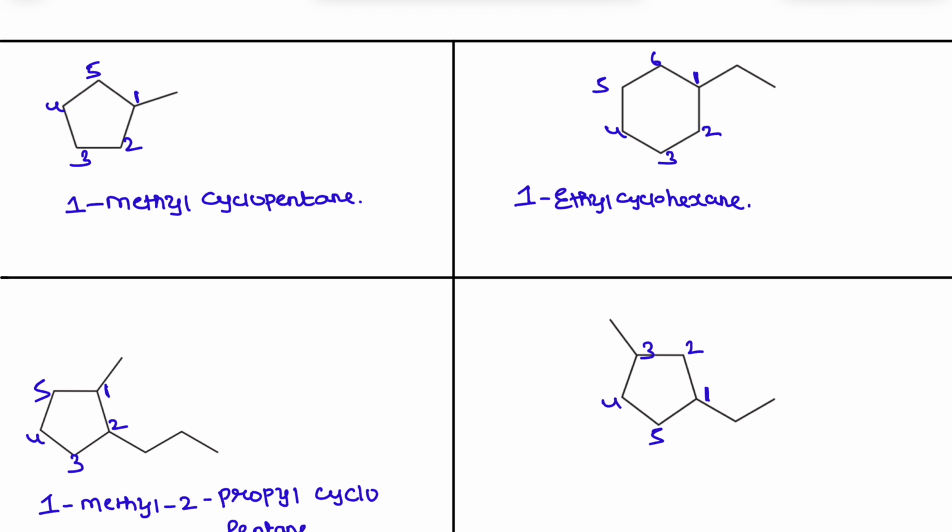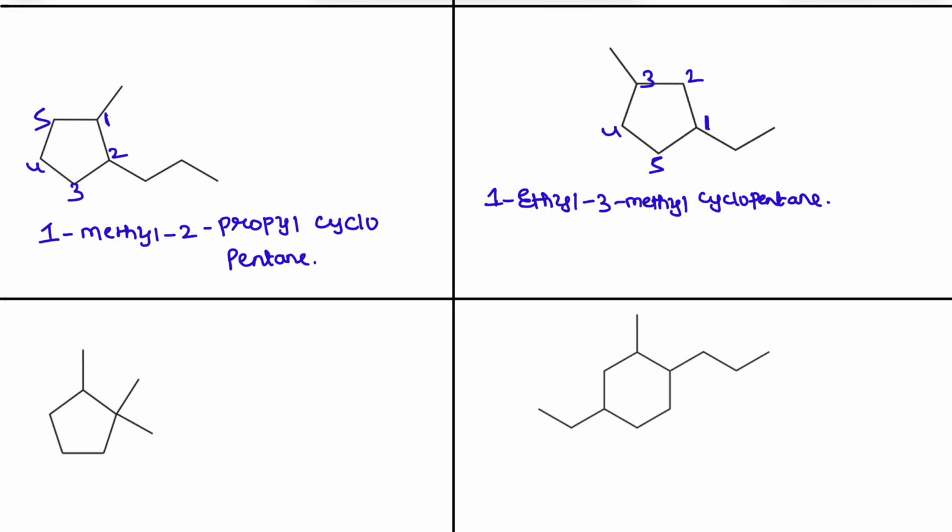First I try to use least locant rule. Least locant rule is giving the same result, therefore we are depending on alphabetical order. So here this is 1-ethyl-3-methylcyclopentane.